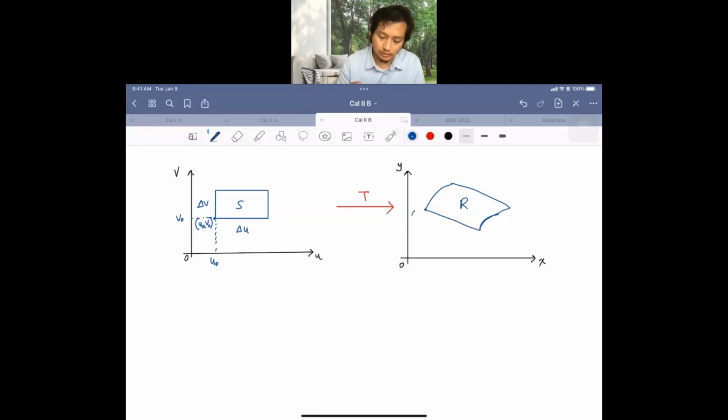And this will be x0, y0. And to describe these sides, we are going to use the vector function. So this part is a vector function of u0 and v, and this part is u and v0.